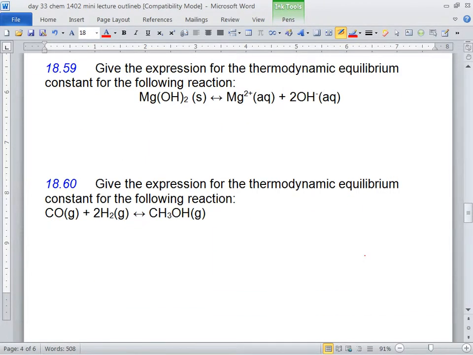Give the expression for the thermodynamic equilibrium constant. So go ahead and write it. K is, don't write Kc, write K. Products over reactants. And we'll see if everybody agrees. We'll keep going here.